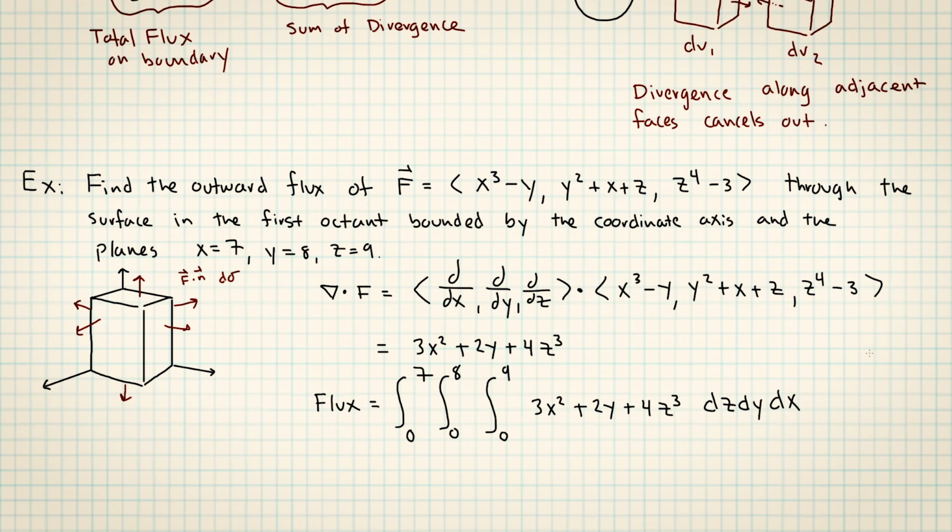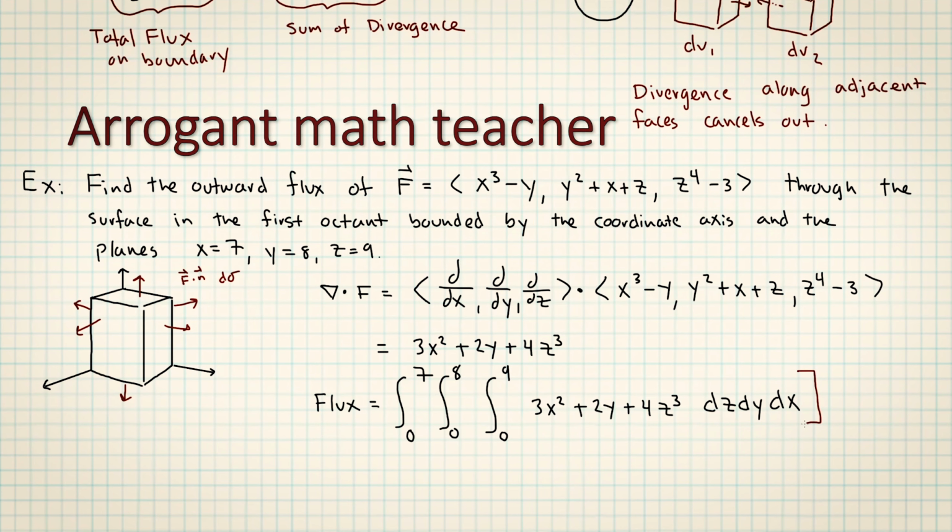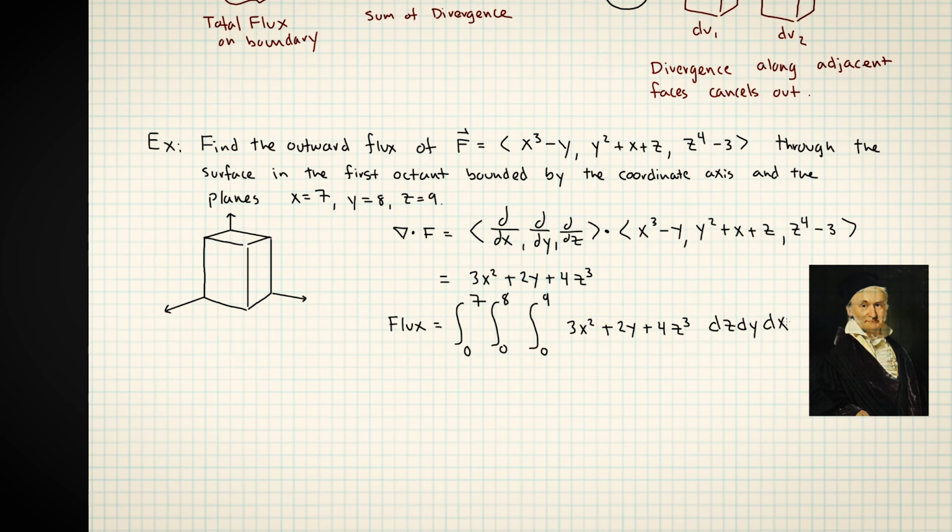Given the choice between doing 6 different surface integrals and one super easy triple integral, we name this very, very important theorem after Gauss as a way of honoring him. You know, this theorem is in some sense the most important theorem in calculus, and in some sense he is one of the most influential figures in mathematics.